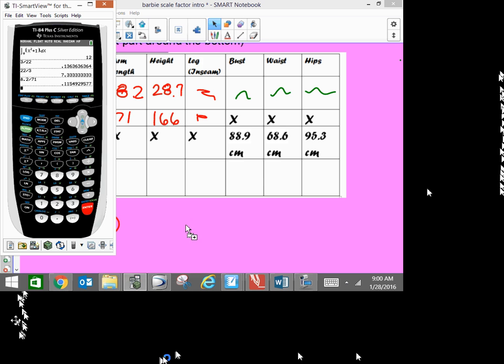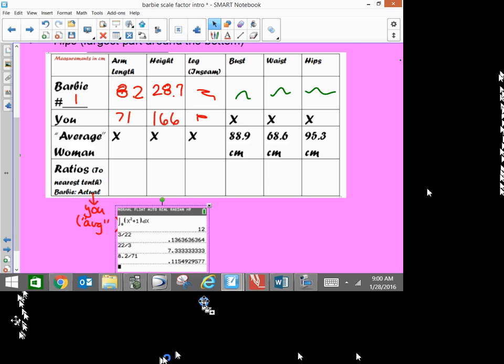That's the number. And it says nearest tenth. So what would you write? So we do this divided by this, to the nearest tenth, divided by this, to the nearest tenth. We do this divided by 88.9, nearest tenth.